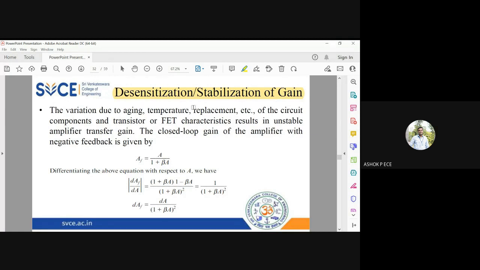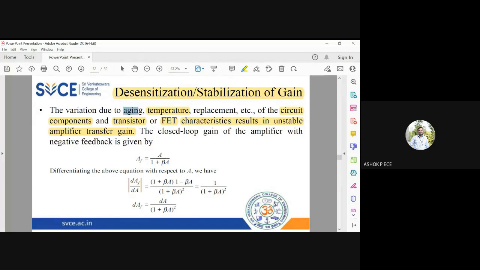See, in an amplifier, we use many components like transistors, FETs, resistors, biasing resistors, power supply, and capacitors, bypass capacitor, coupling capacitor. All these devices are not going to work in the same way always, because when the temperature increases or decreases, their behavior is going to change.